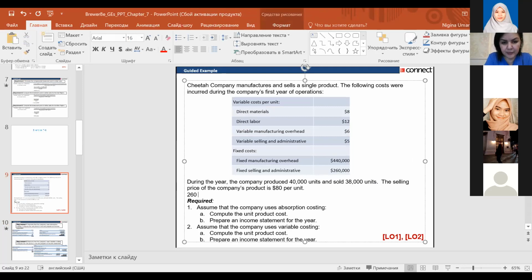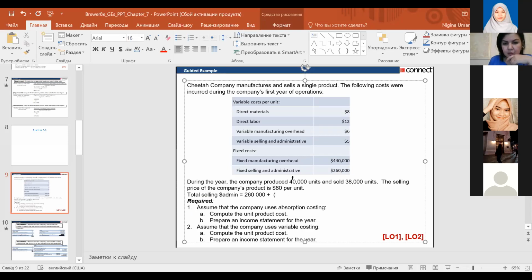Can you see I'm typing? 260,000 plus, what should I add up here? I'm talking about selling and administrative. So total selling and administrative costs equal 260,000, that is fixed selling, plus variable selling.